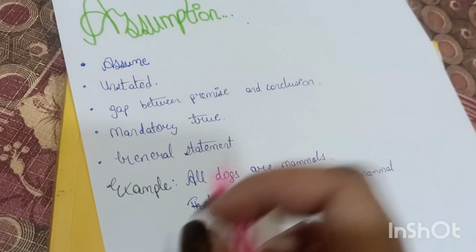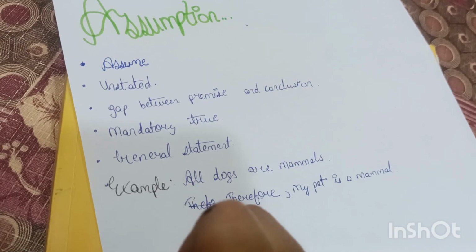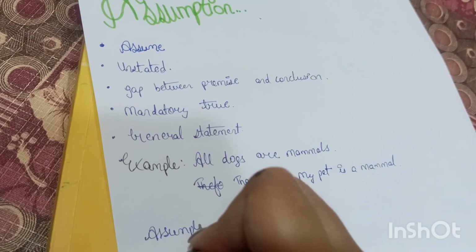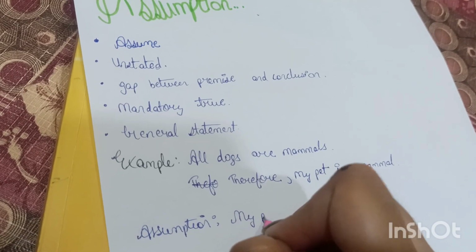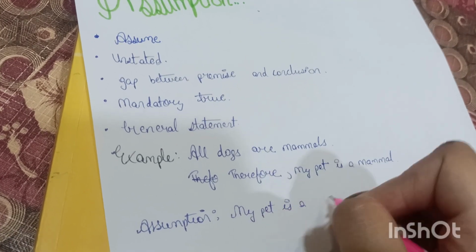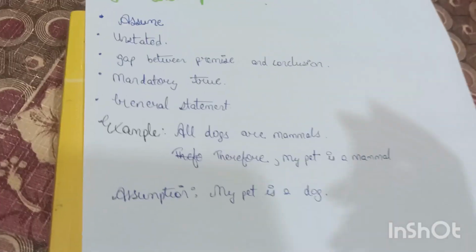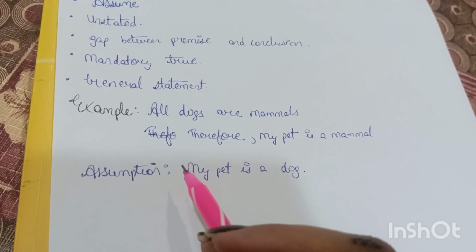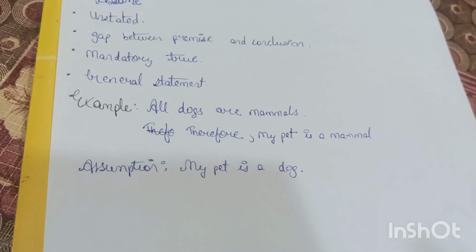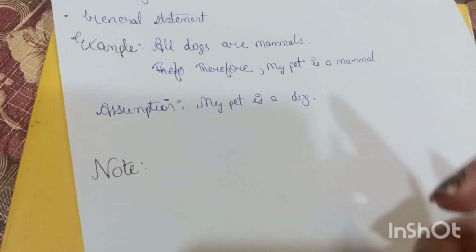So over here you can see what is the assumption. The assumption over here is that my pet is a dog. You can see that this statement is not mentioned, but we have assumed the statement. So over here we have one note.